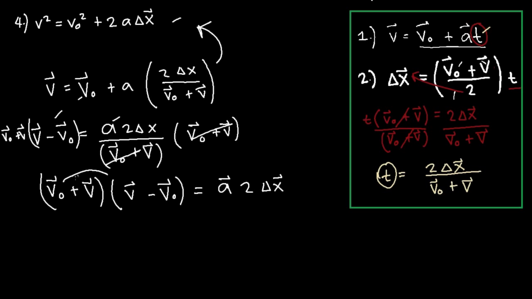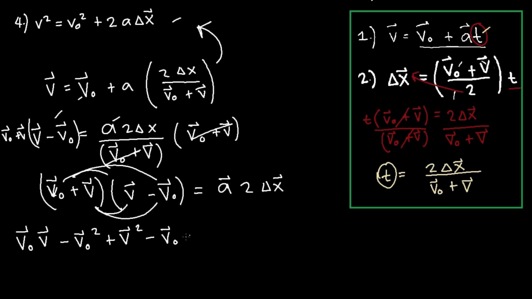So pag i-multiply nato ang duha, therefore, initial velocity times final velocity, tapos initial velocity times negative initial velocity, so negative initial velocity squared, tapos final velocity times final velocity is positive final velocity squared, tapos final velocity times negative initial velocity, so negative initial velocity times final velocity.